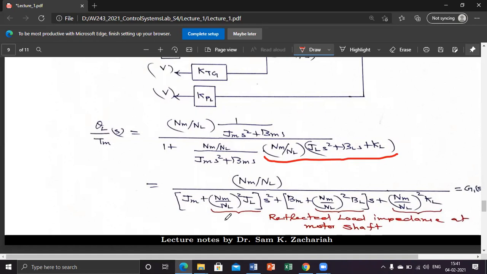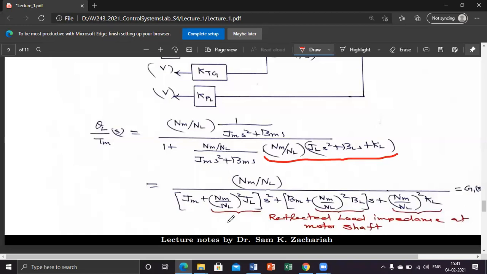Normally, as I already told, our requirement is to increase the torque from the motor shaft side to the load shaft side. For that purpose, we will be using a larger value of NL compared to NM.